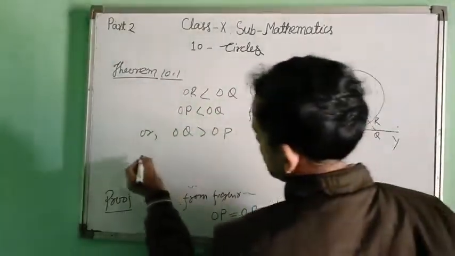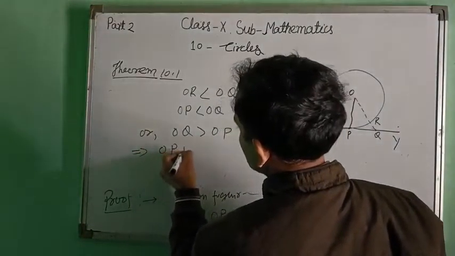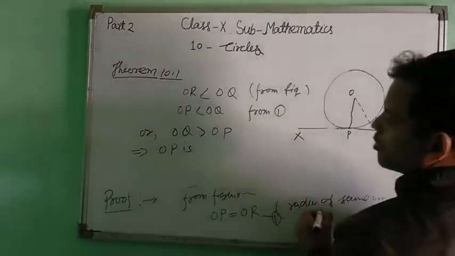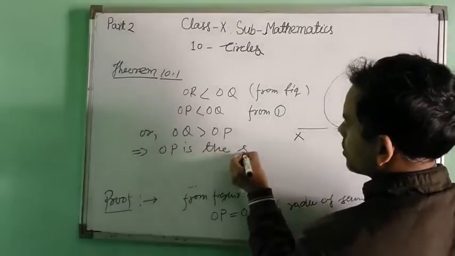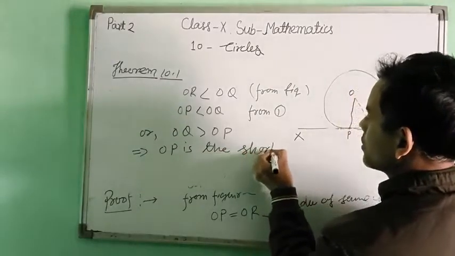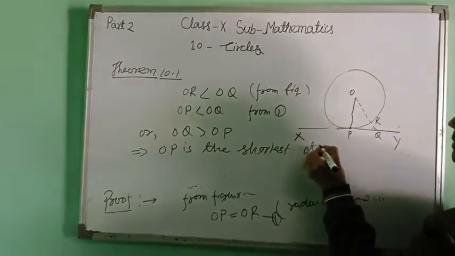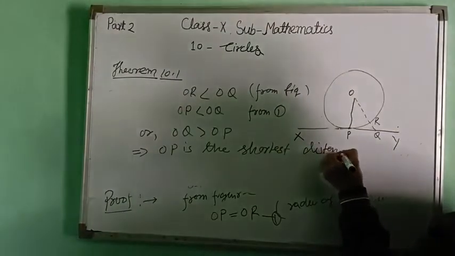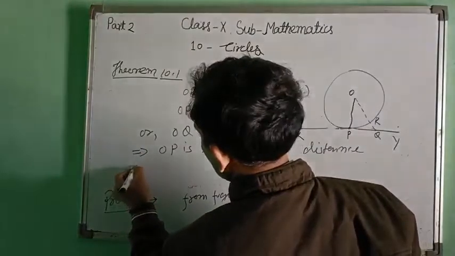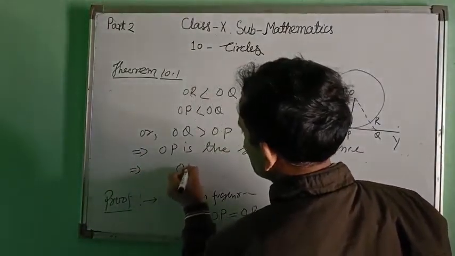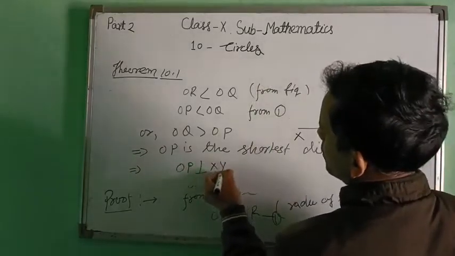Okay, this implies OP is the shortest distance. It means that OP is perpendicular to XY.